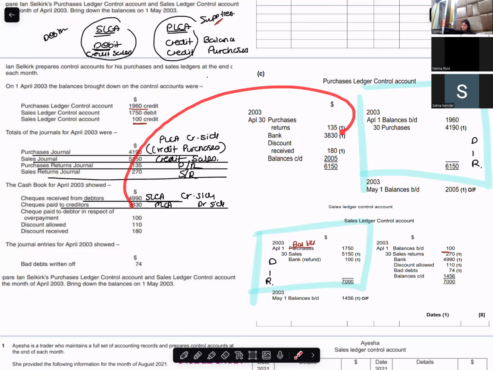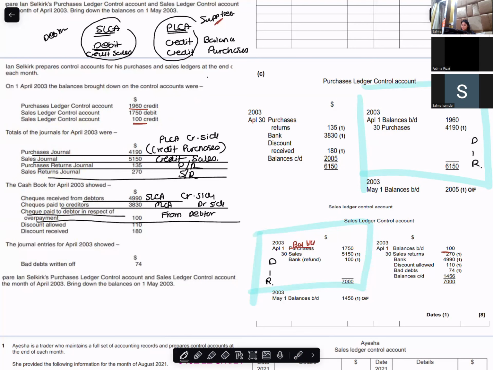Check paid to debtors in respect of overpayment. Please be careful. From debtors. Debtors is whom? Your customers. From customers, you receive money or you pay money?